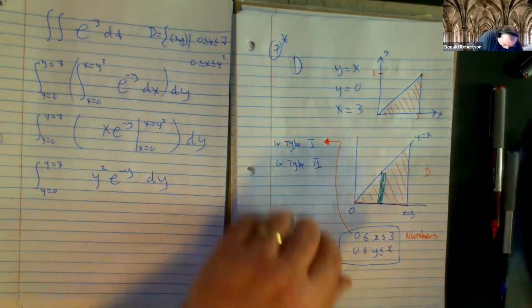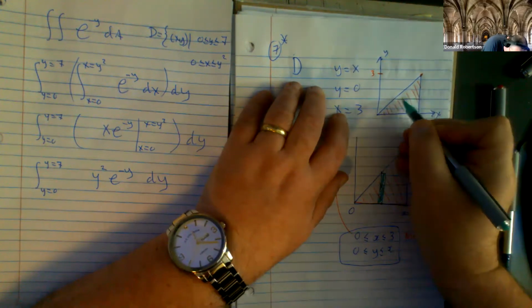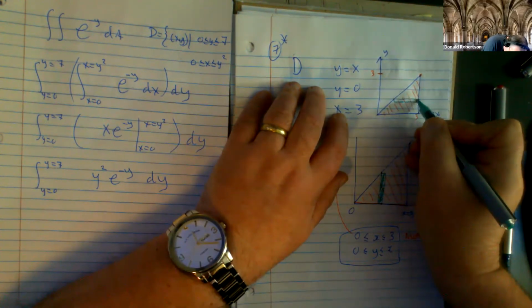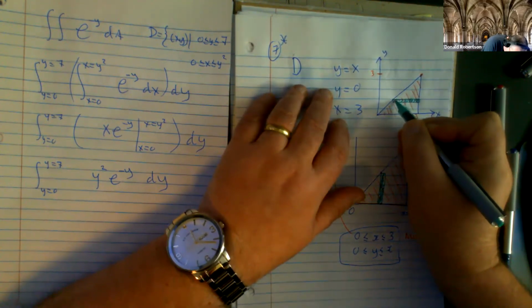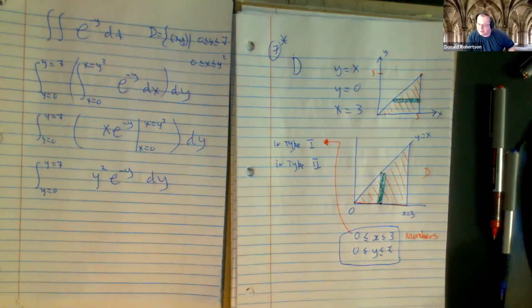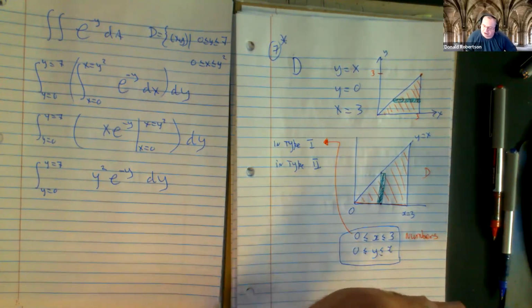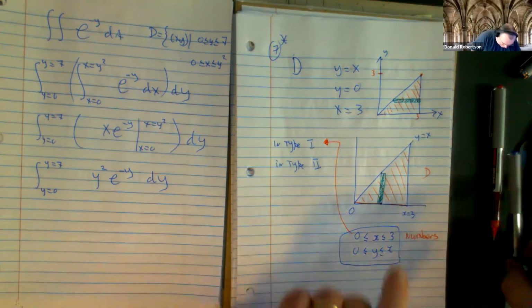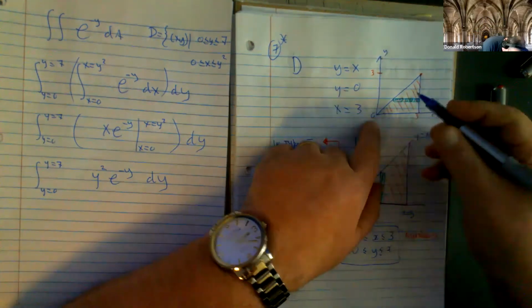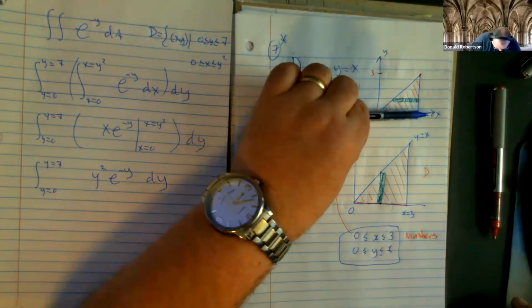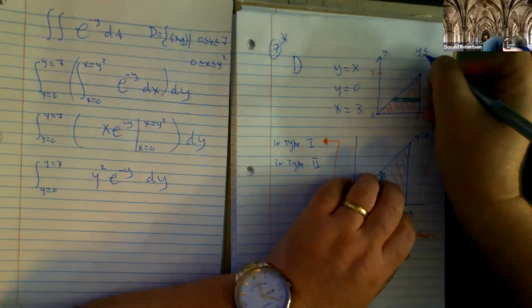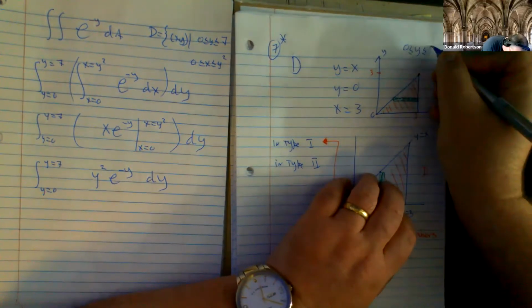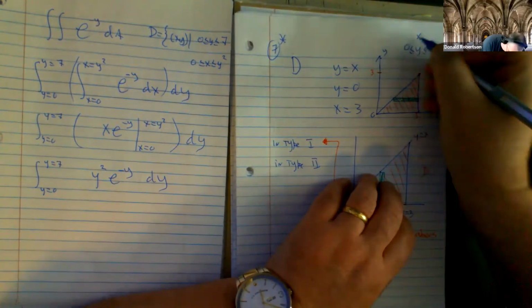But I'm now going to do it going that way, by describing the region as a scanning of horizontal rectangles. Now, when you do it this way, won't the value of Y start scanning at 0 and finish at 3? Now, what about the X's?